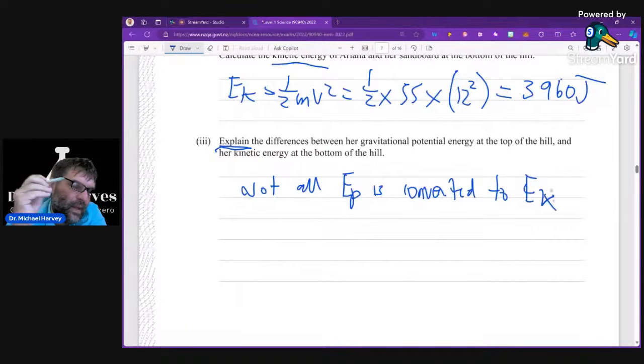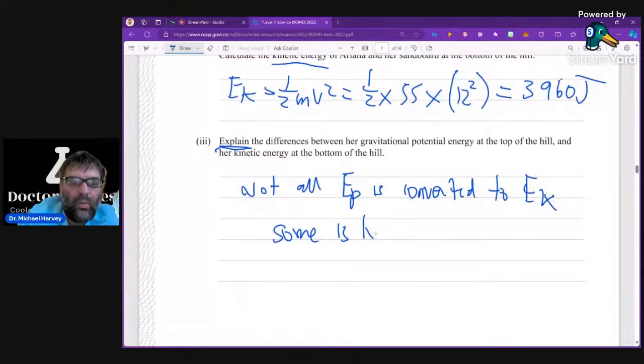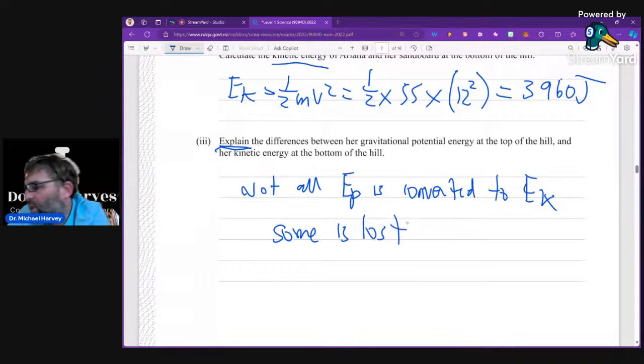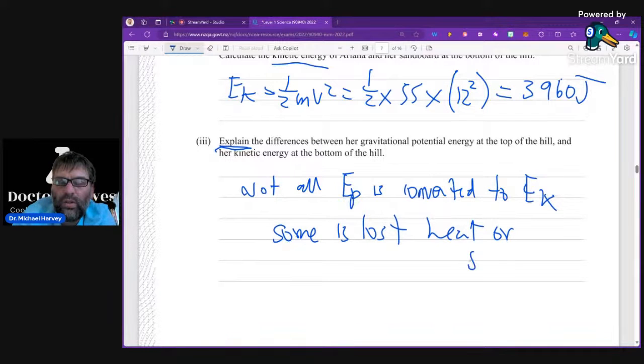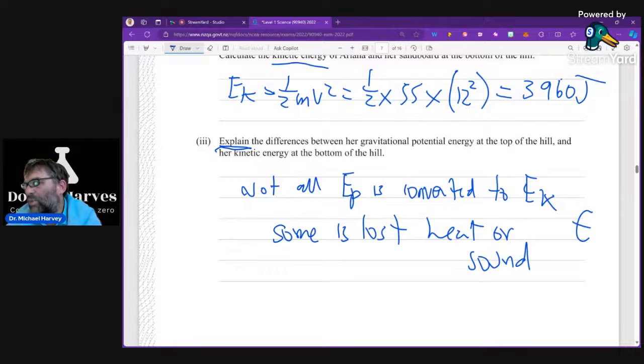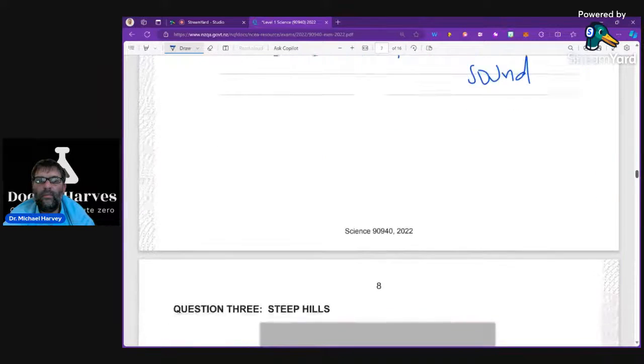Okay, some is lost. And what do you think that's lost as, in terms of energy? Lost as either heat or sound. Okay, and that's where your excellence point comes in, because you're thinking a bit more deeply about it. So you have to get basically everything right in the question. Okay, so that's question 2.